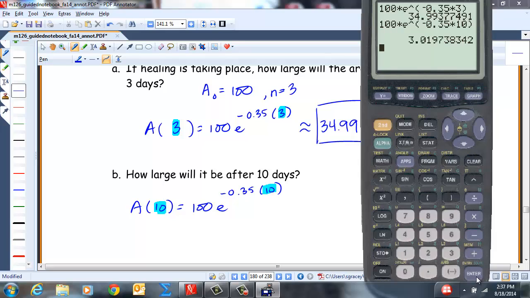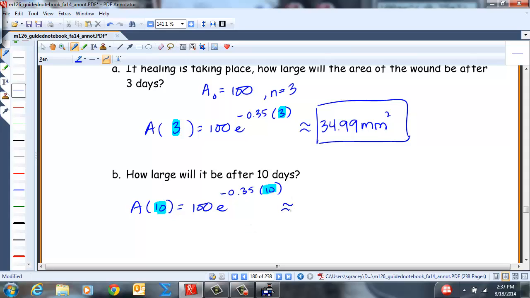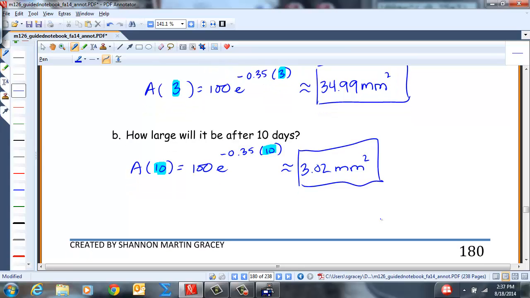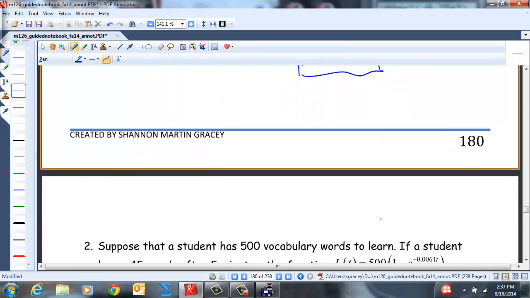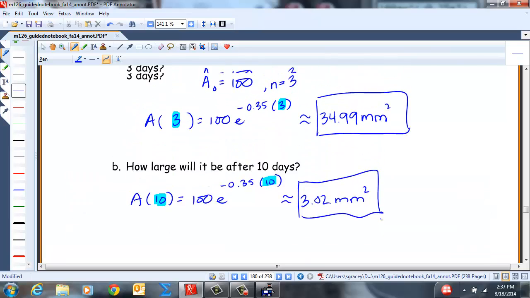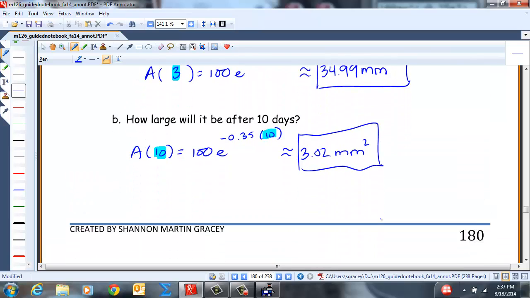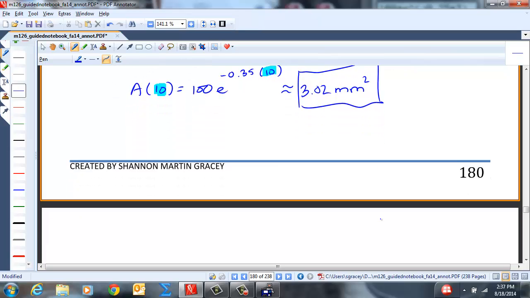And we get approximately 3.02 millimeters squared. And that makes sense, right? I mean, you would expect the wound to decrease the more days that go by. Okay. So the next time you get a wound, you can measure the area of it, and see what happens after each day.